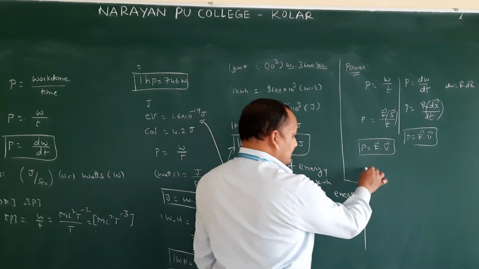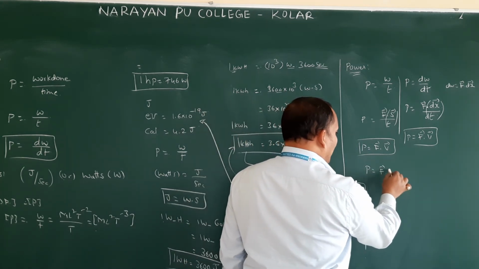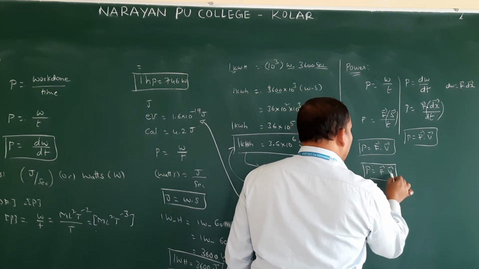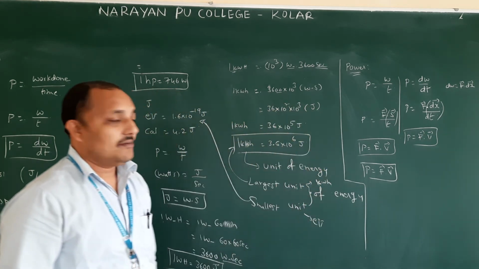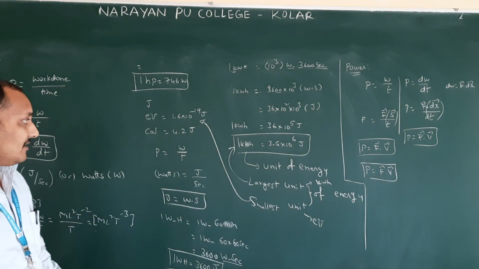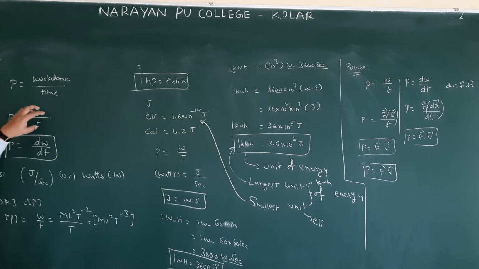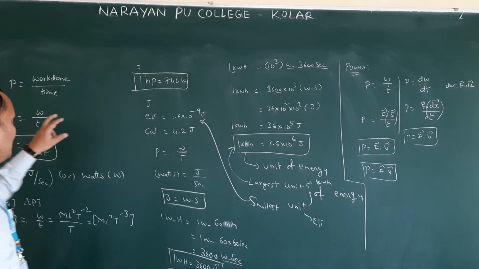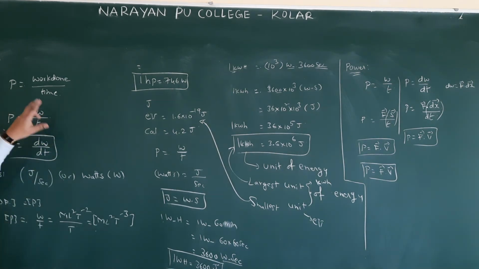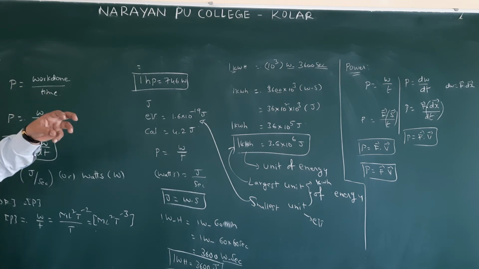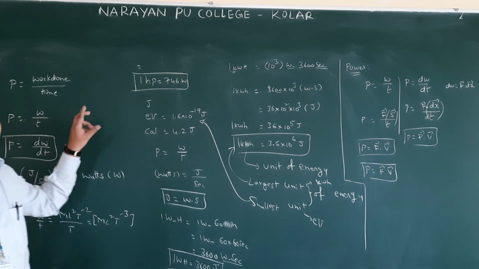So whenever they give force and velocity, you have to use the power equation F bar dot V bar. Whenever they give work done and time, you have to use the other equation. Work done can be stored in many ways, either potential energy or kinetic energy. Depending on the situation, sometimes you write potential energy, sometimes kinetic energy.